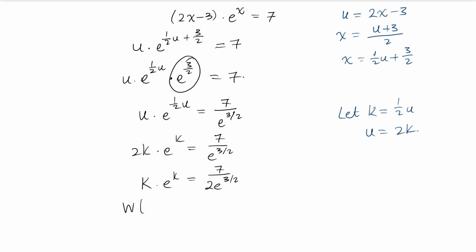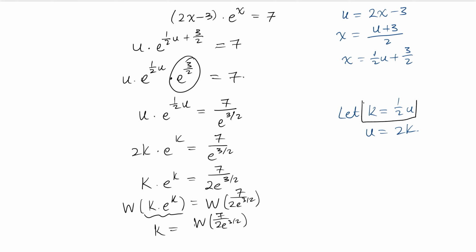So W of k multiplied by e to the k, and that's going to equal W of 7 over 2e to the power 3 over 2. Now this output is going to give me k. So k is equal to W of 7 over 2e to the power 3 over 2. Now we know that k is equal to half u, and we know that u is equal to 2x minus 3.